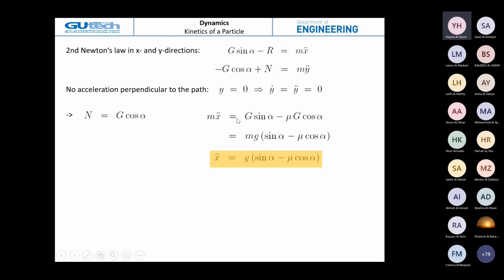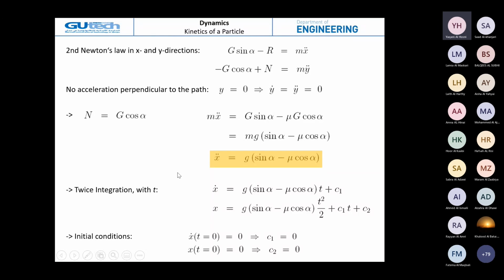Now R is only mu, the friction coefficient, multiplied by the normal force, which is given by this equation. Now we can replace R by its value, and then we get the acceleration: G, the gravitational acceleration, multiplied by the sum of the two terms.